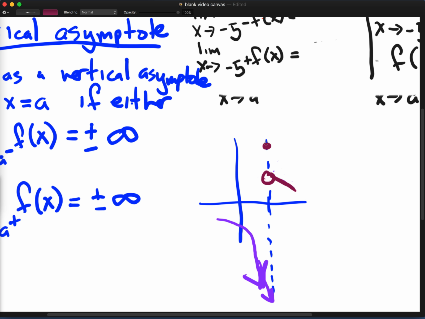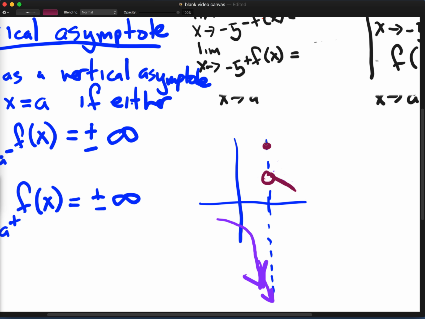Is that still a function? Yes. Sure, right? Those are two different functions. Well, the whole thing is a function, but it's a piecewise function. So in this case, it would be made up of 3 different functions, right? So it's the purple, and then the dot is one function, and then this other right side is another function.